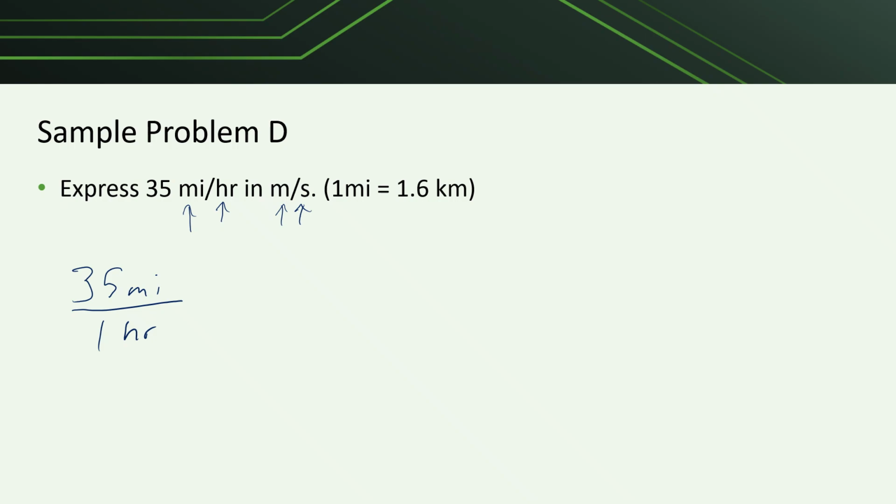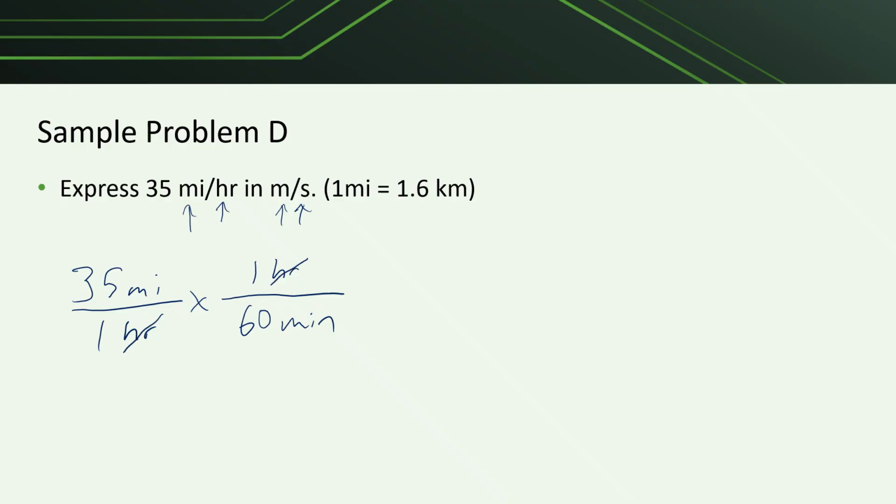All right. Now, let's go ahead and change the time portion first, because most everybody knows the amount of minutes in an hour and seconds in a minute. So in 1 hour, you have 60 minutes. I'm going to put the 1 hour on the top, 60 minutes on the bottom. That way hours can cancel.